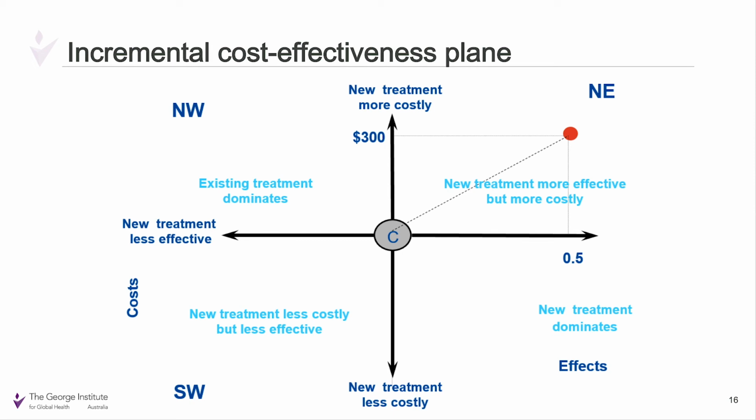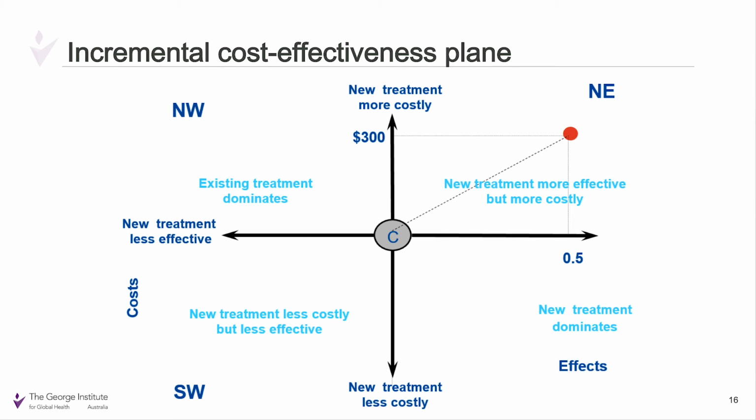So it belongs on what's known as the northeast quadrant. So that's where that red dot is. And that represents a situation where the new treatment is $300 more costly than the existing treatment, but is half a year of life more effective. So it's costing more, but we're gaining more from the program.